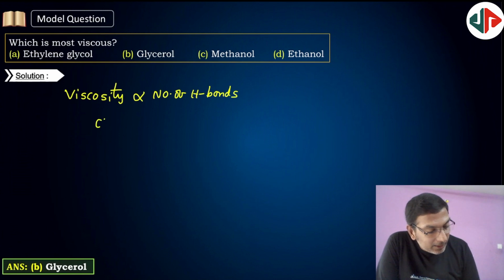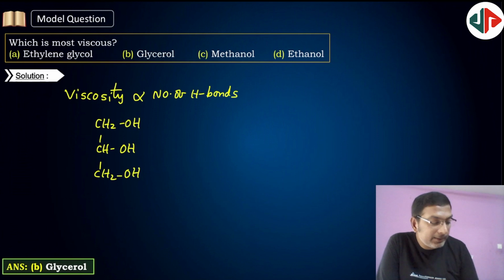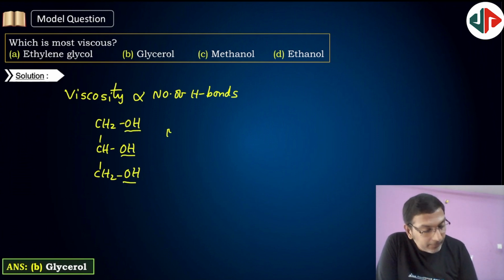So in glycerol, there will be formation of a greater number of hydrogen bonds. 3 OH groups are present, so more hydrogen bonding is possible.